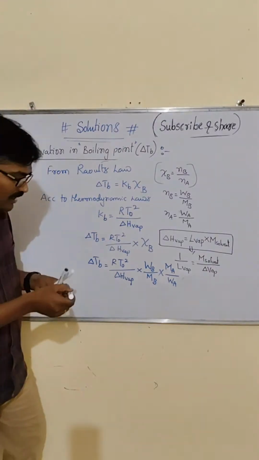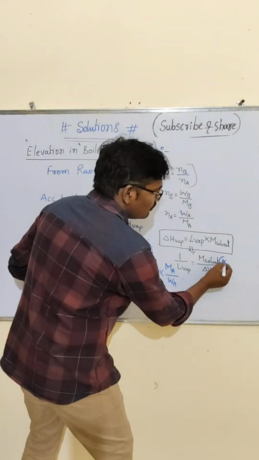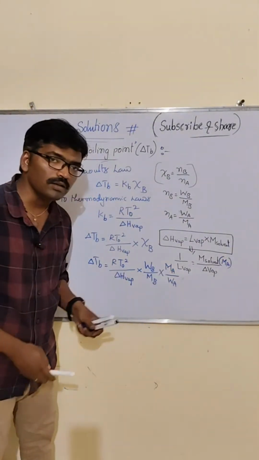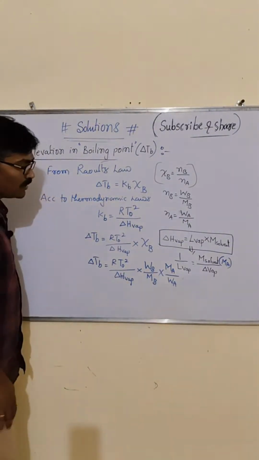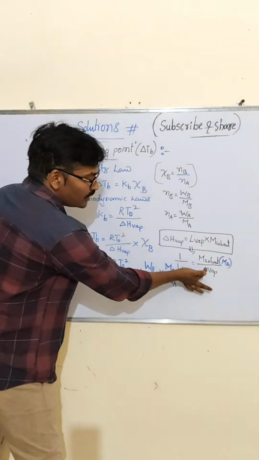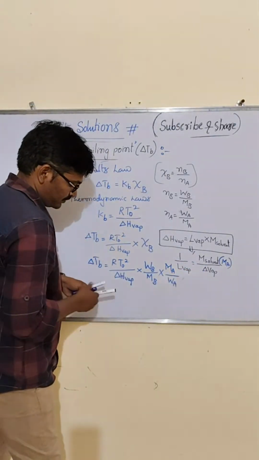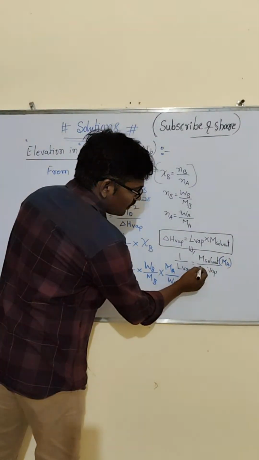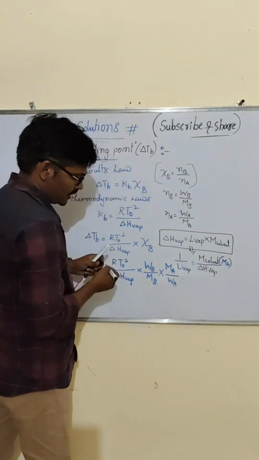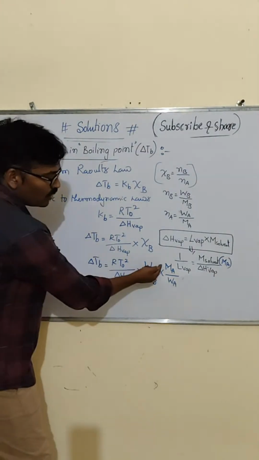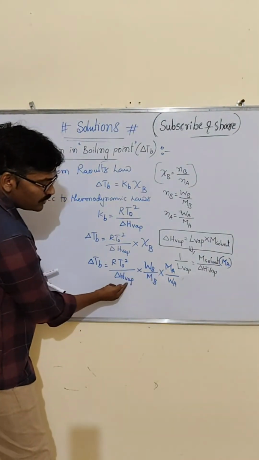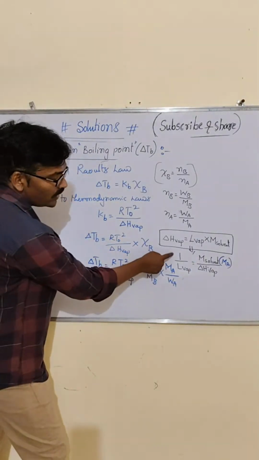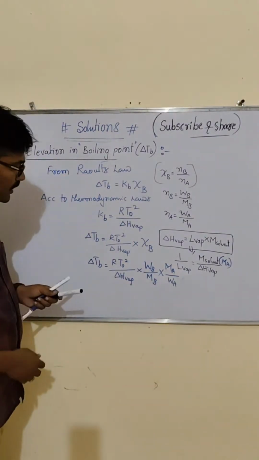So the molar mass of solvent divided by the enthalpy of vaporization, in the place of these two terms, we can take 1 divided by the latent heat of vaporization.